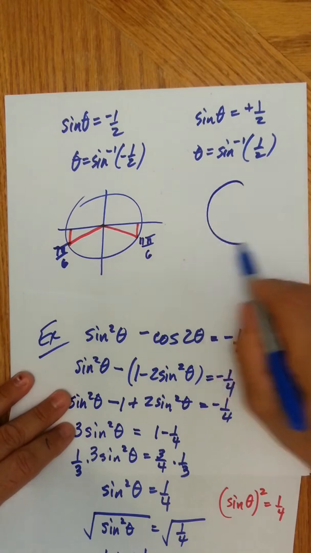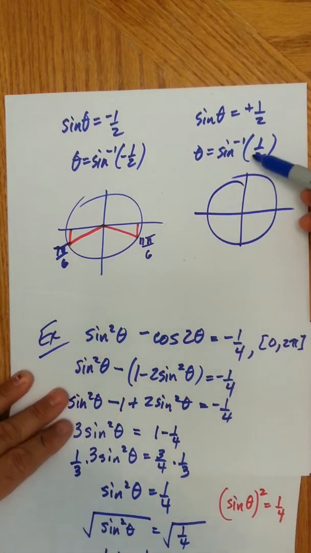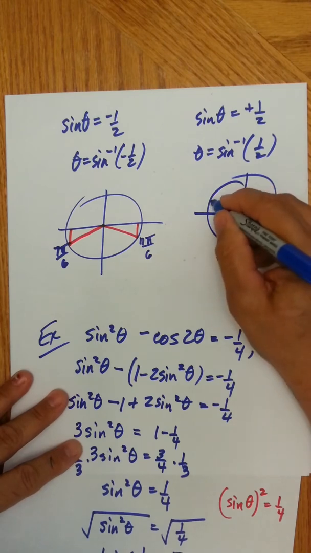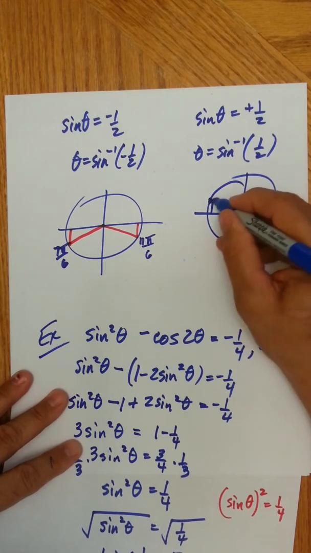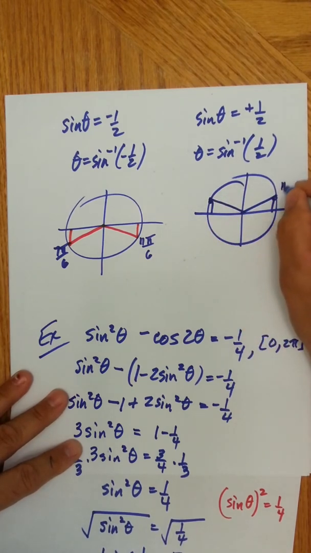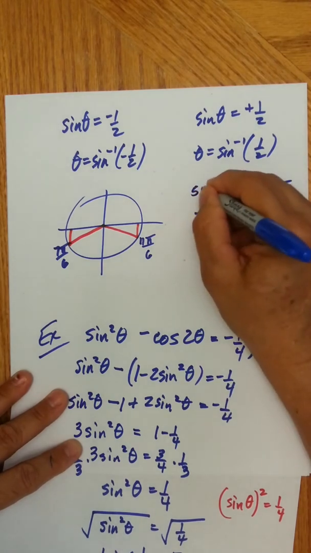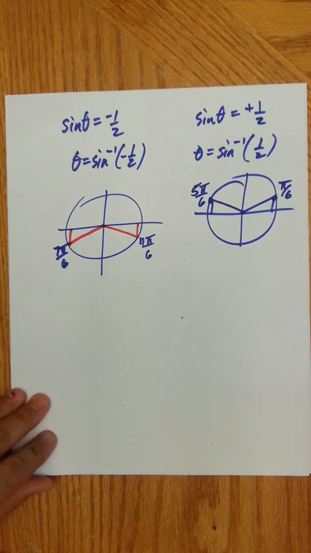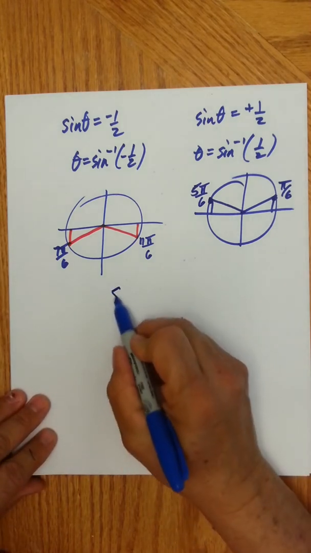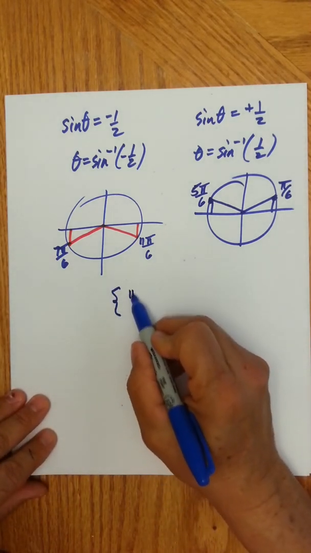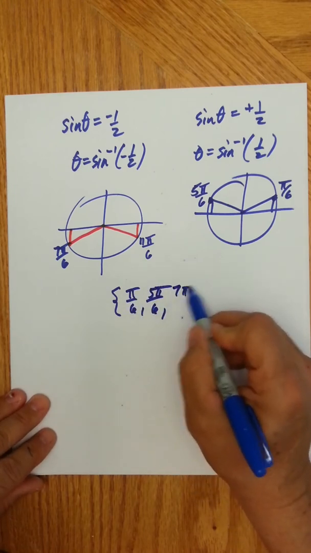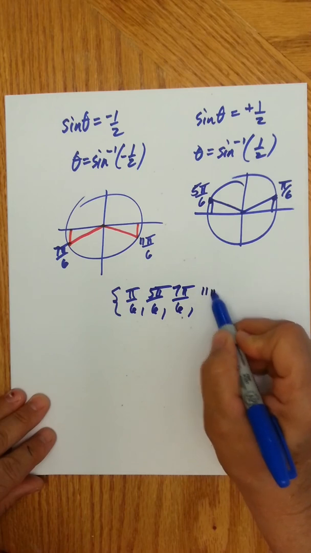And then here I'm looking for what angle has a y-coordinate of positive a half. That would be here and here, so we're looking for those angles, pi over 6 and 5 pi over 6. So from 0 to 2 pi, your solutions are pi over 6, 5 pi over 6, 7 pi over 6, and 11 pi over 6.